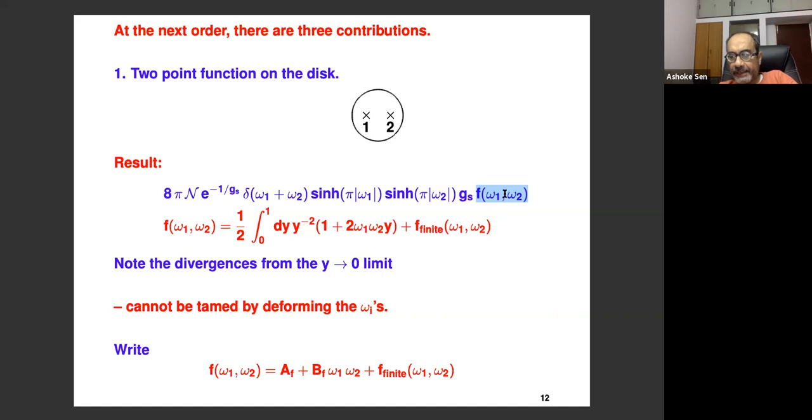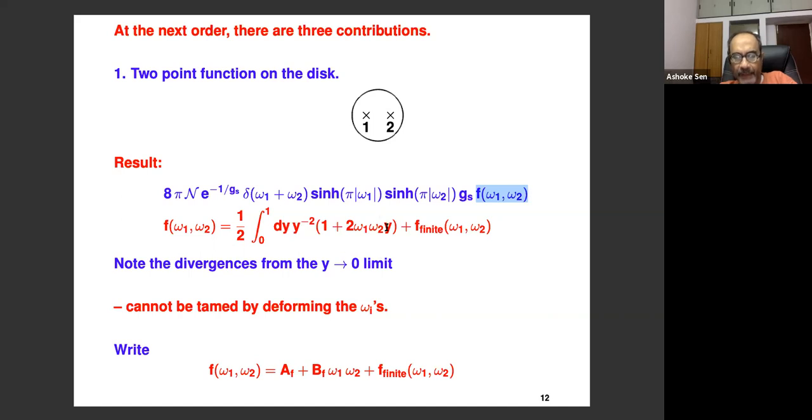And then they found that this integral actually diverges from the boundary of the moduli space, from y going to 0. The y going to 0 limit here corresponds to keeping one of these at a fixed position at the center and taking the other one to the boundary. So that is a singularity of this integrand. Then they extracted the singular part, which they wrote here.